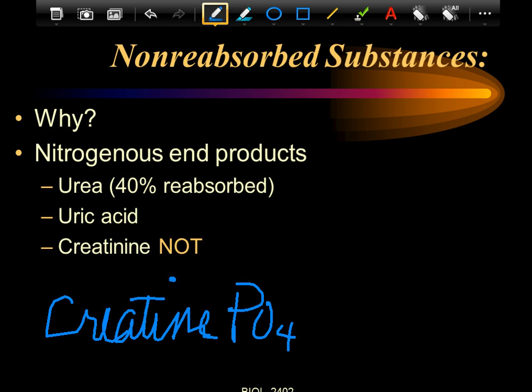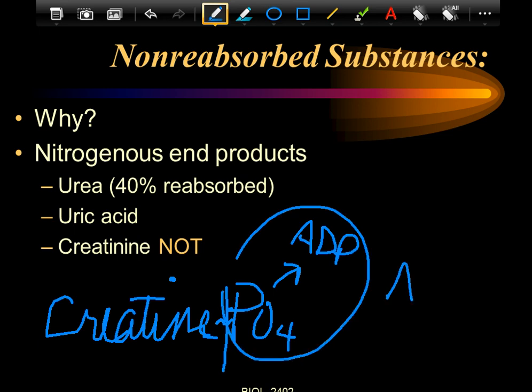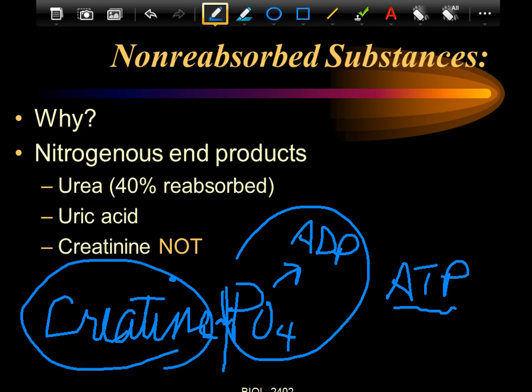Creatine phosphate is a high energy molecule. There's a high energy bond right there. And if this bond is broken, that phosphate gets stuck on ADP, and the two of these together make ATP. It's one of the ways your cells get really fast energy for muscle. What you have left, this part of it right here, becomes creatinine.